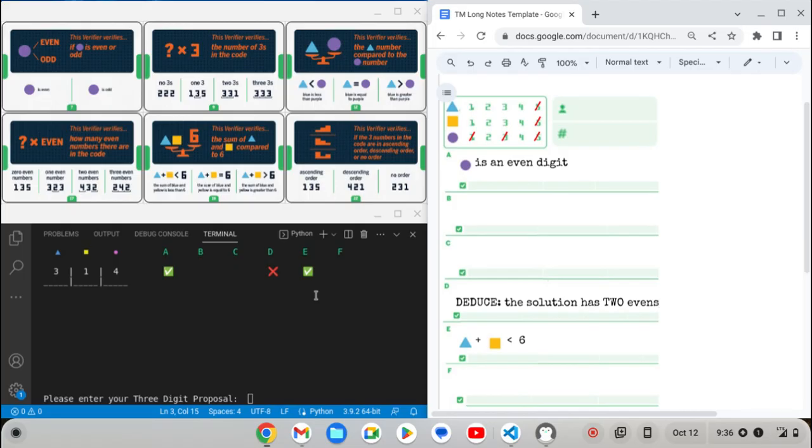We're now going into the phase where we'll be discussing how to construct a good second round proposal. So again, notice that we did not test criteria card B, the number of threes. We did not compare the first and last digits, triangle and circle, and we did not confirm the ordering.